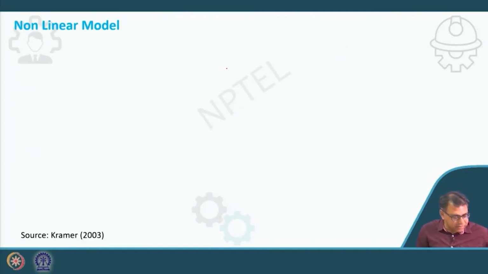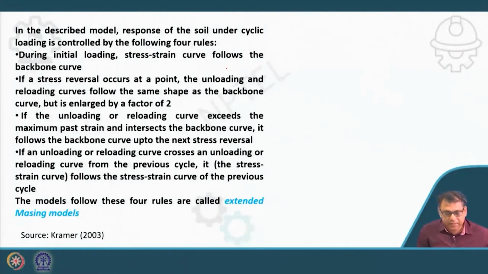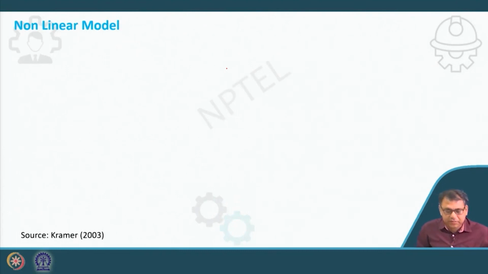Now the one last model that is given is the non-linear model. So I will discuss the non-linear model. It describes the response of the soil under cyclic loading, but it follows these 4 rules. I will discuss these 4 rules one by one. Again this is expressed in terms of the backbone curve.